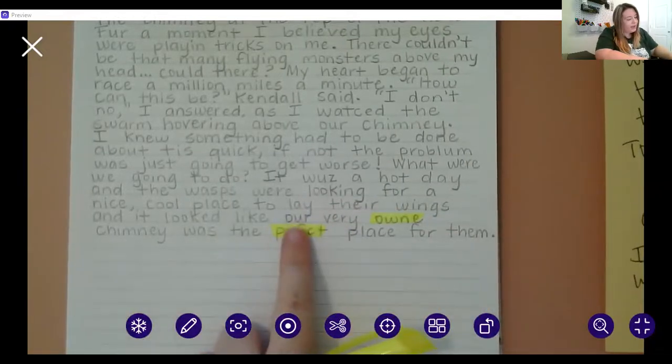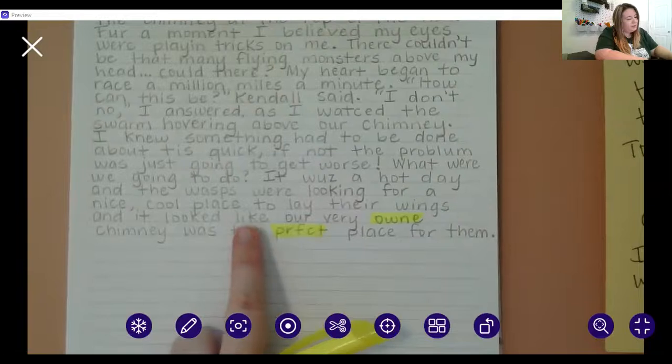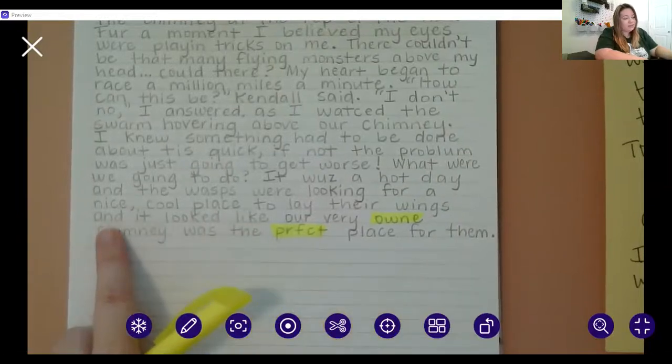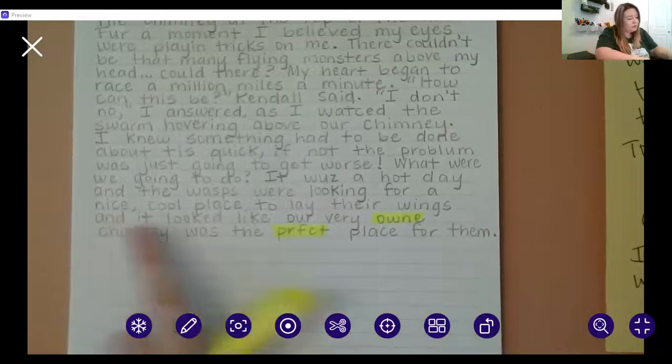Very, our, like, looked, it, and remember, I'm going very slowly so that my brain can think, does that word look right? I'm really thinking about, is it spelled correctly?